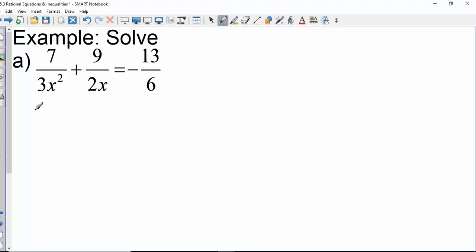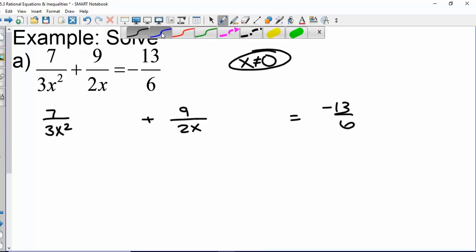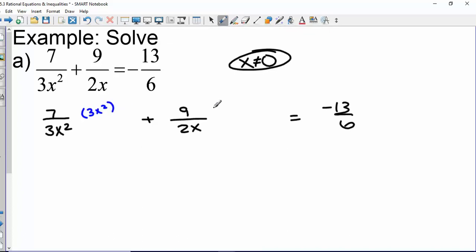What can x not be this time? 0. Alright, so to cancel my first denominator, we would have to multiply by 3x squared. So that would cancel this. For the 2x, couldn't I already cancel one of these x's?